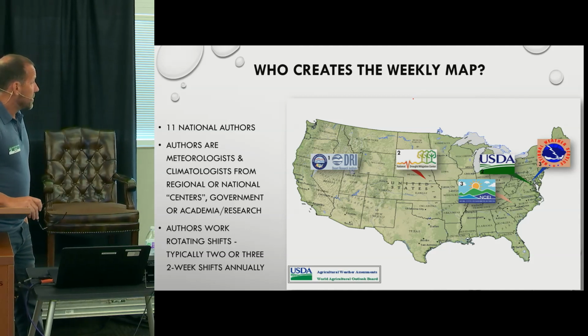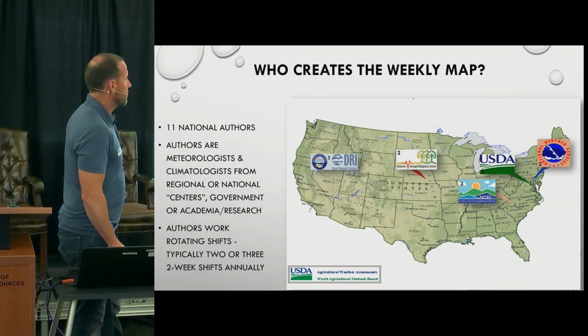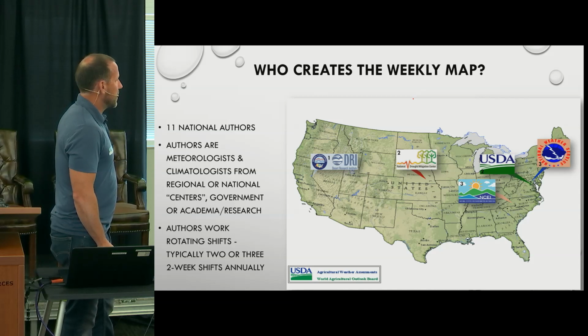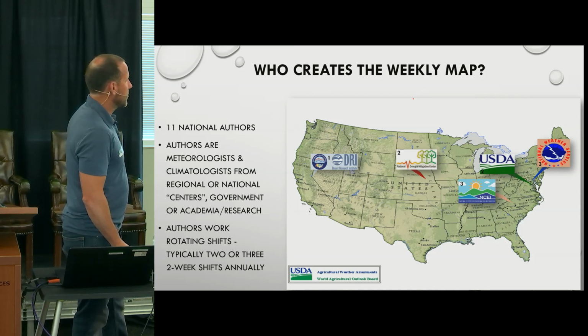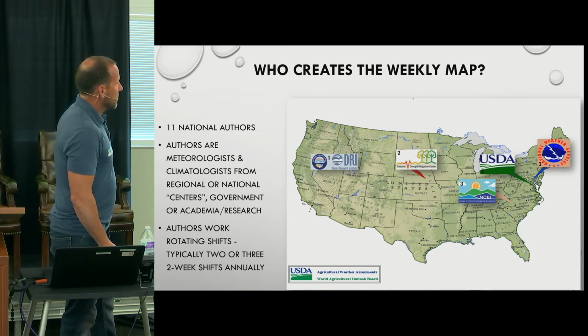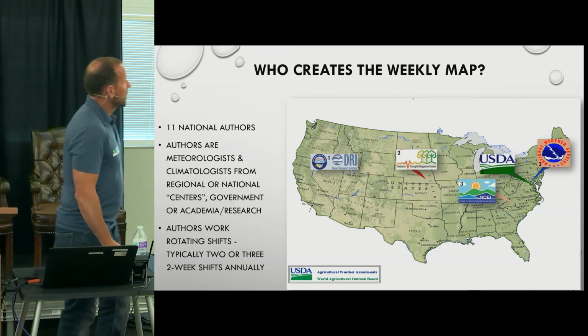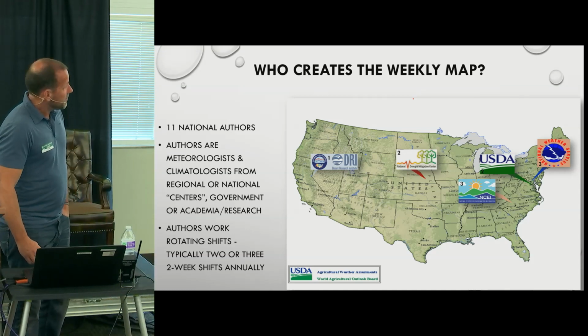So who creates the weekly map? We have 11 authors for the US Drought Monitor. I'm the only Western author for the Drought Monitor. We've got 2 authors at the National Drought Mitigation Center at the University of Nebraska-Lincoln, a couple down at NCEI, that's part of NOAA, a couple at USDA in Washington, D.C., as well as a couple authors at NOAA CPC.